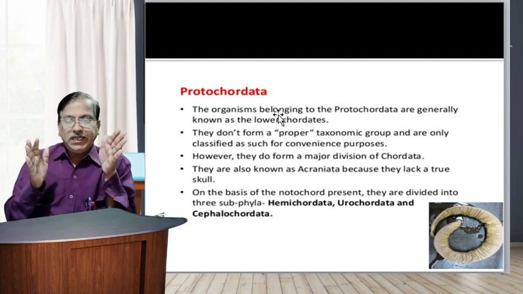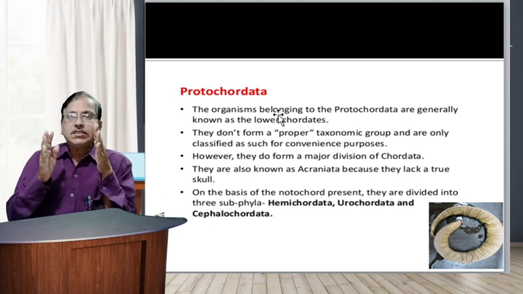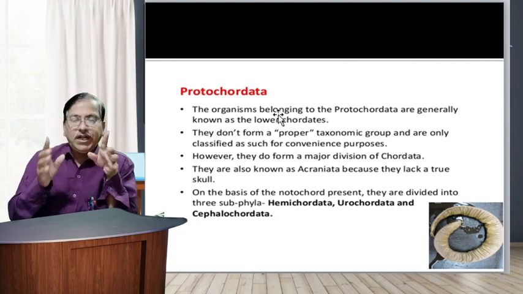These three fundamental morphological features include, first, a dorsal hollow tubular nerve cord, which is the first important characteristic of the Chordata. Second is a longitudinal supporting rod-like notochord.